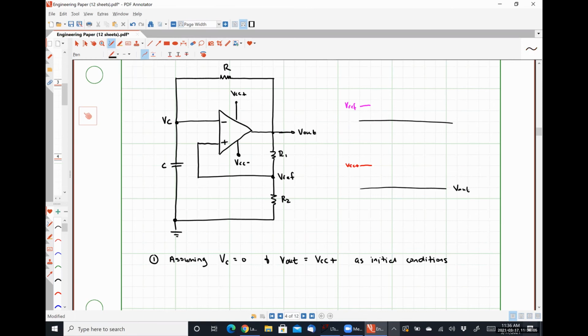This is going to be V out. And our capacitor voltage, let's see what color I want to do it in. Blue. It's going to start gradually growing towards hitting Vref.